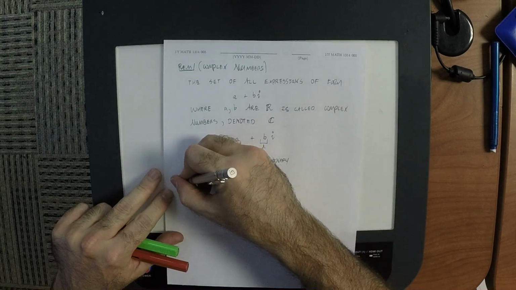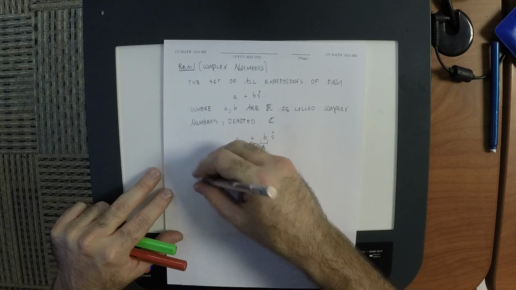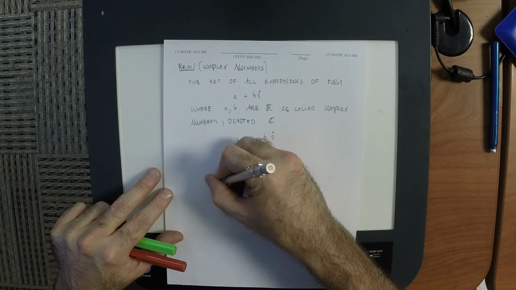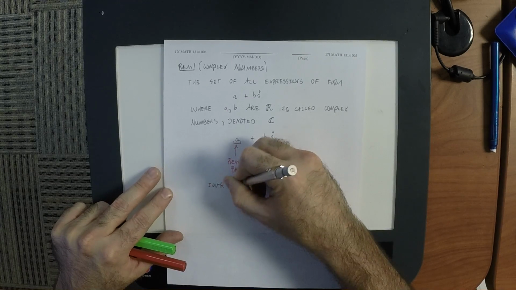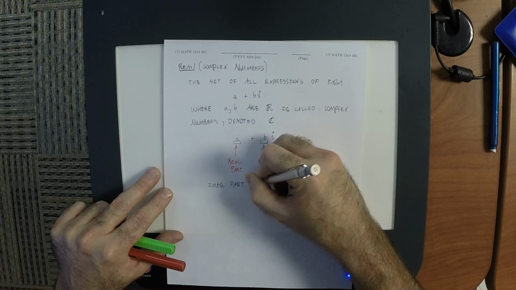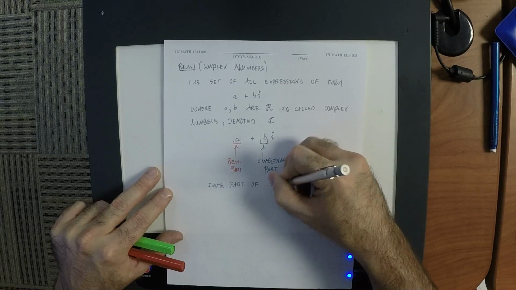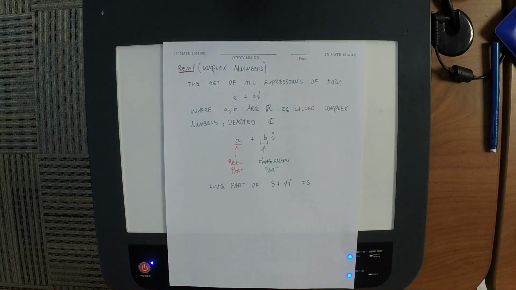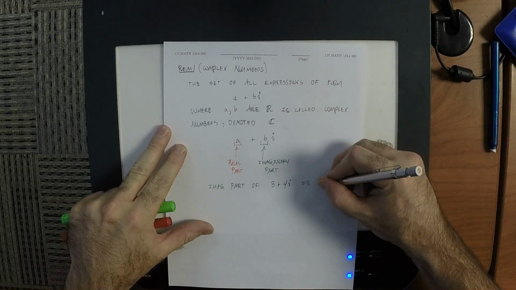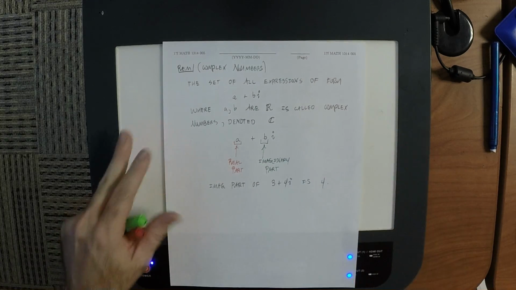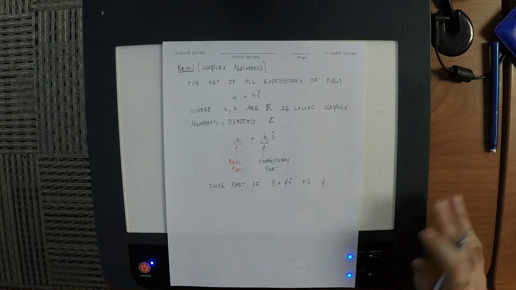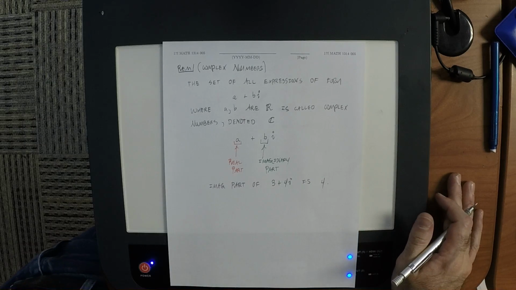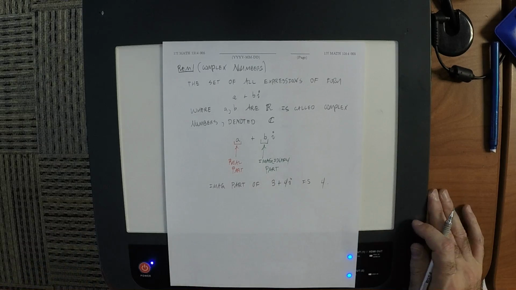So I could say, for example, what is the imaginary part of 3 plus 4i? Just 4. There's 4 i's. So the imaginary part is 4. Okay.